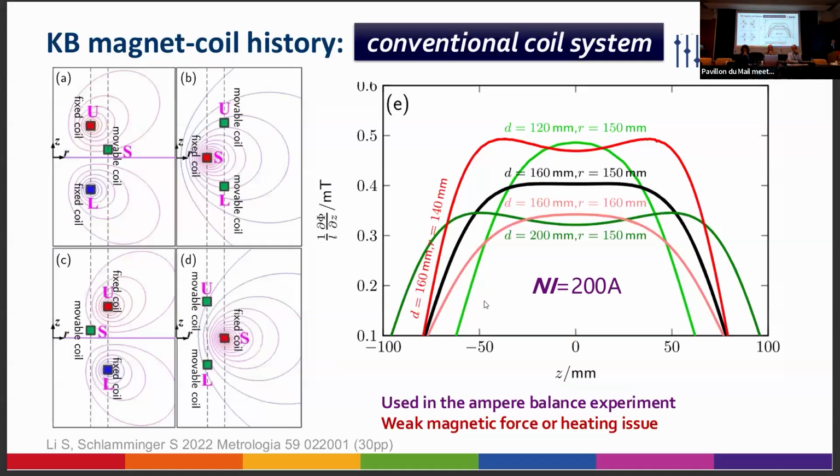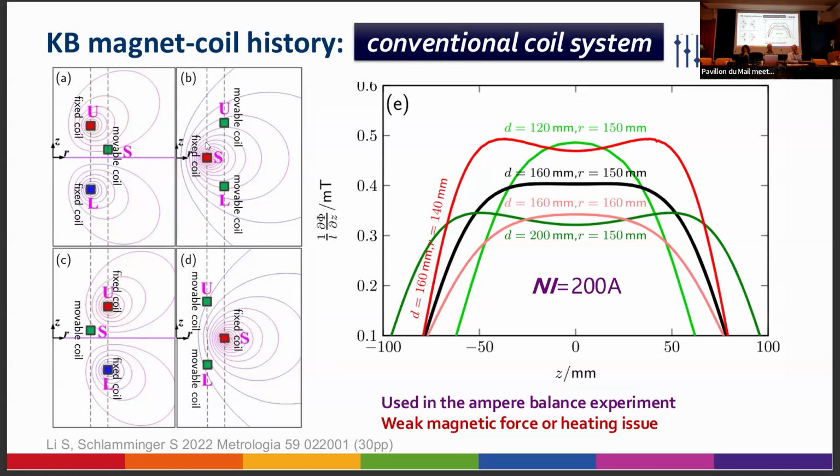We go to the development history of the Kibble balance magnet systems. In the early stage, for example the ampere balance, right? They used a coil to generate such a magnetic field. And there are multiple ways: you can have a pair of equal, symmetric coils with positive and negative current to generate some radial magnetic field, then you have a single movable coil to generate the force.